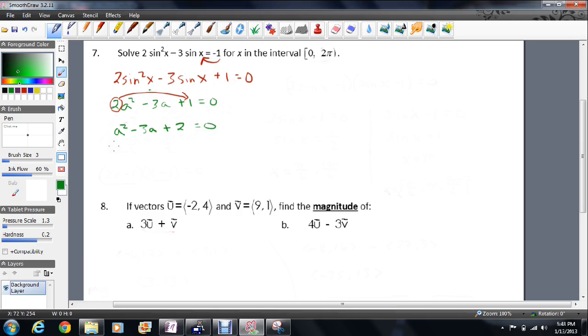If I factor this, I get a minus 2, a minus 1. We need to see what adds to give us the middle term, what multiplies to give us the last term. Negative 2 times negative 1 gives us positive 2. Negative 2 minus 1 gives us negative 3. Okay? This is still all equal to 0.